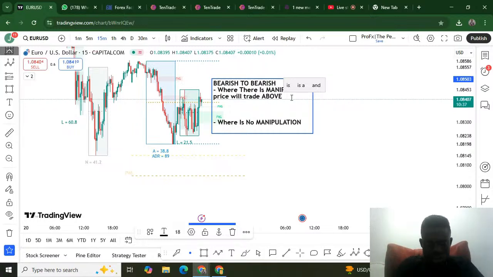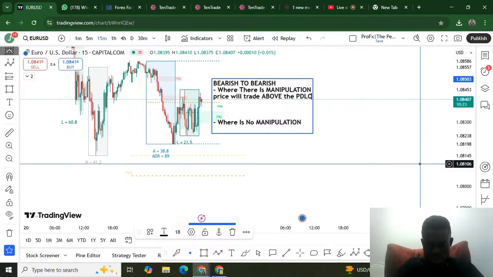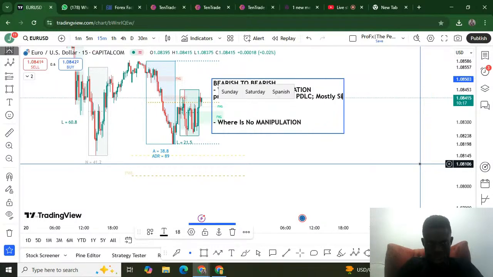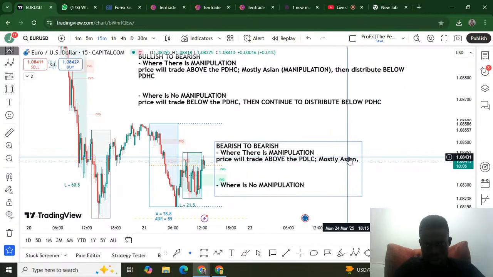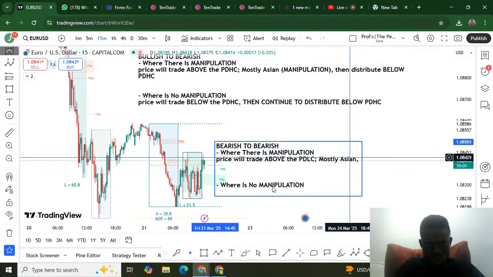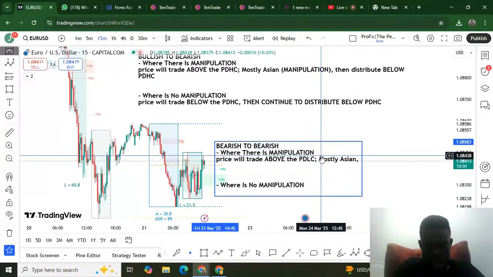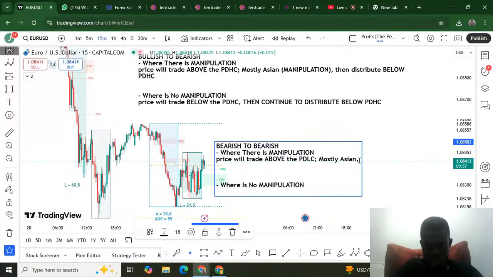Price will trade above the previous day low and close, mostly Asian. That's manipulation.